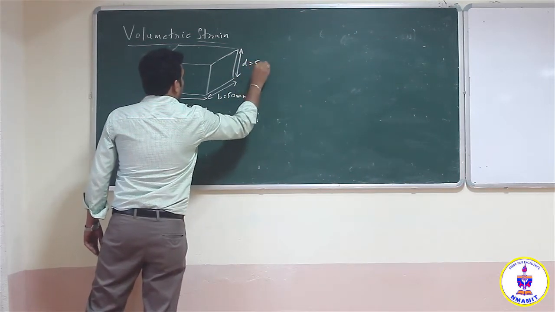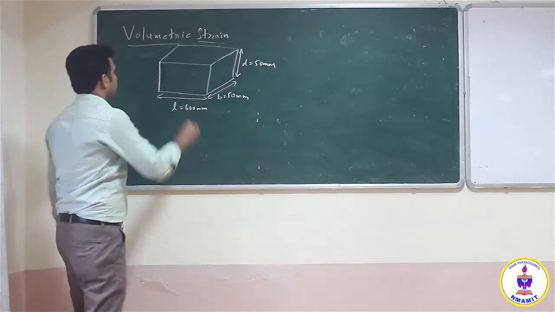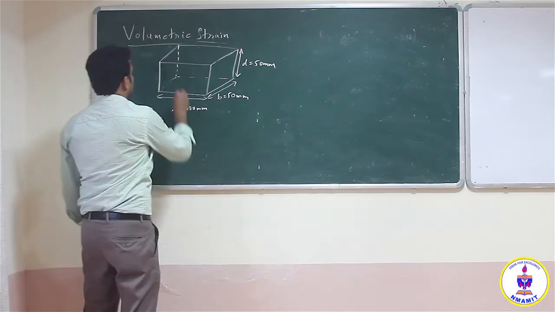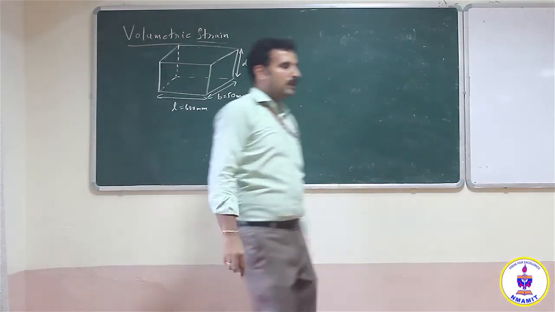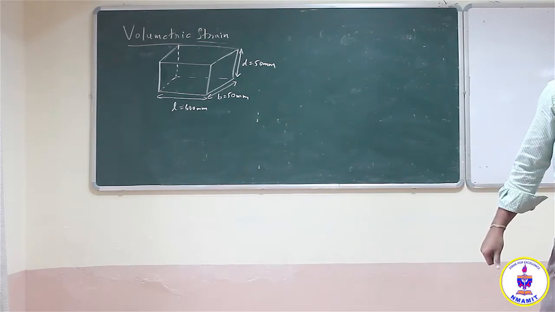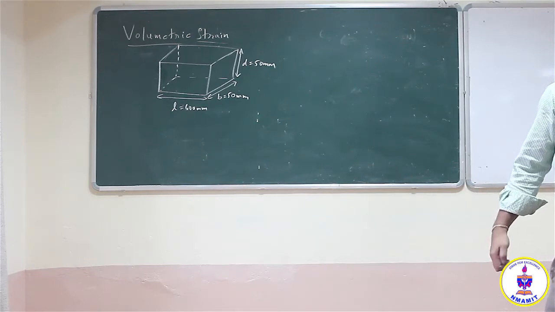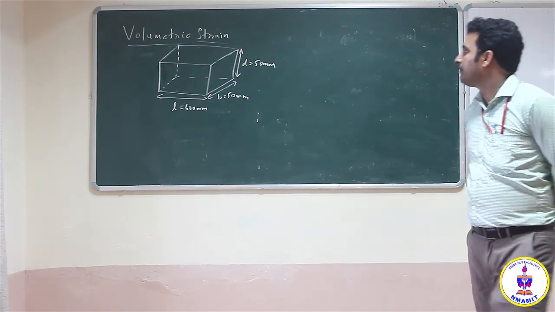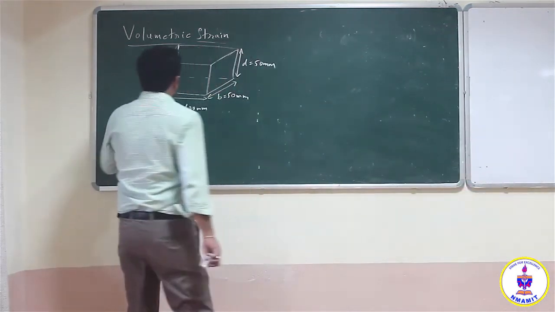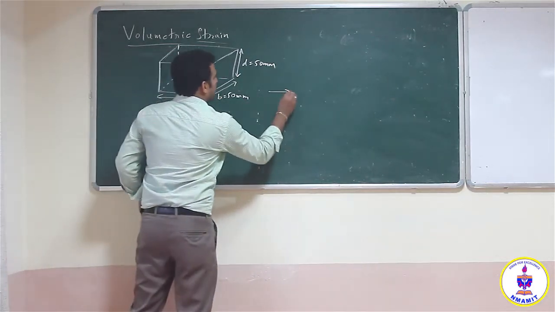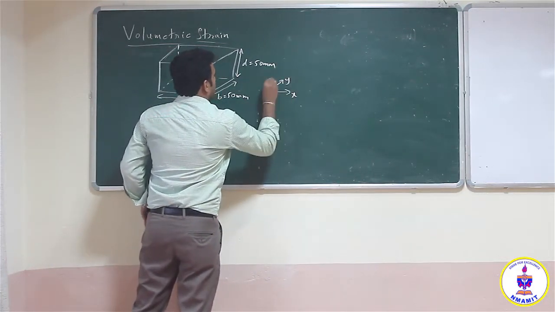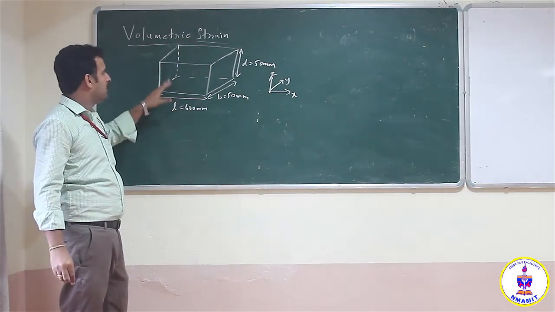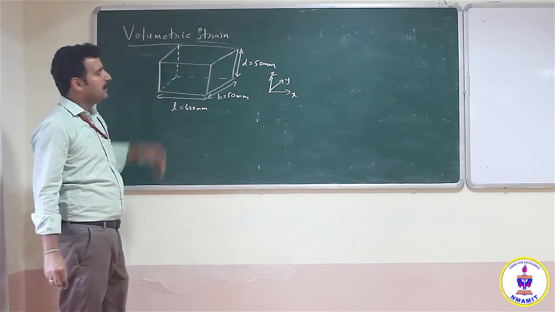Depth is also 50 millimeter. It's subjected to lateral compression load of 600 kN on faces of sizes 50 mm into 600 mm. So 50 mm into 600 mm means that is the top face and the bottom face. One more is the front face and the back face.